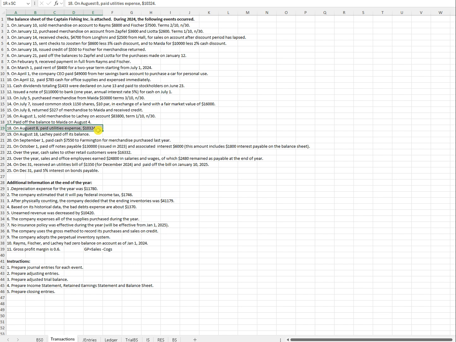So number 18, paid utility expense. That we increase utility expense, right? Reduce cash. And number 19, right? The company paid off its balance. Okay, so you're going to verify what's the balance for this company.